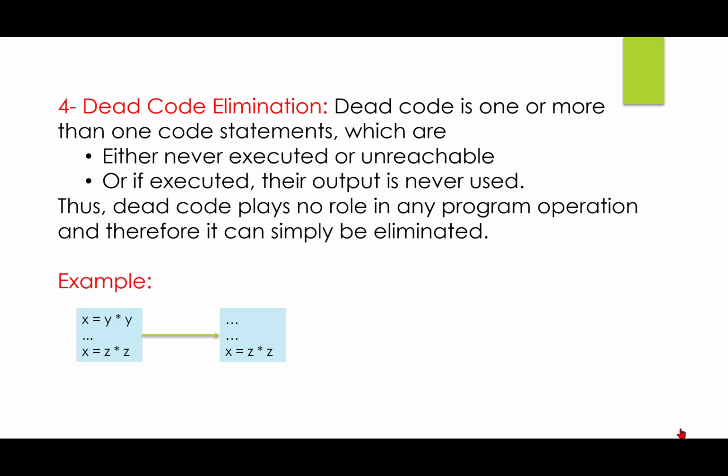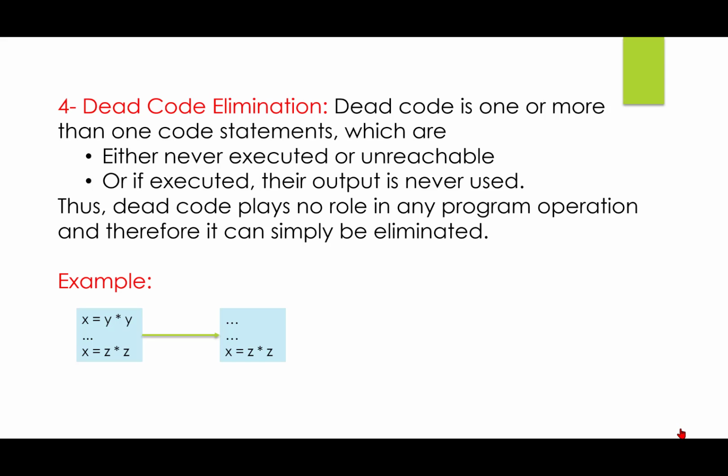Number 4, dead code elimination. Dead code is one or more code statements which are either never executed or unreachable, or if executed, their output is never used. Thus, dead code plays no role in any program operation, and therefore it can be eliminated.